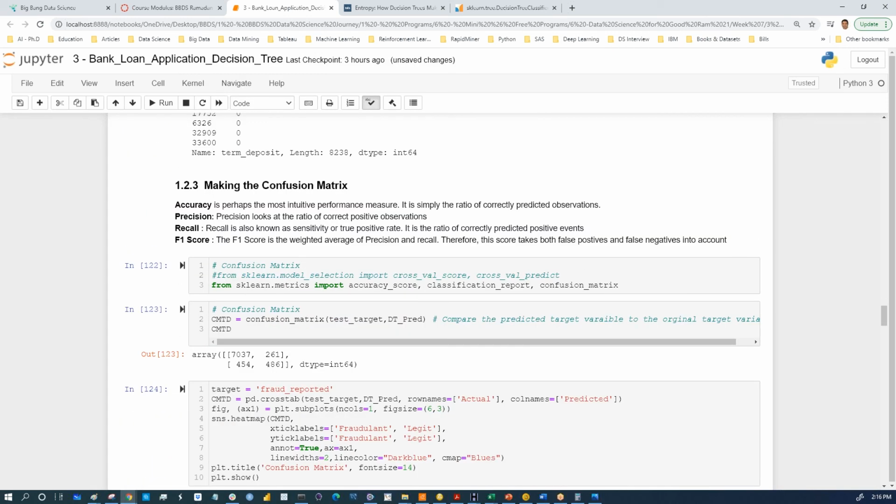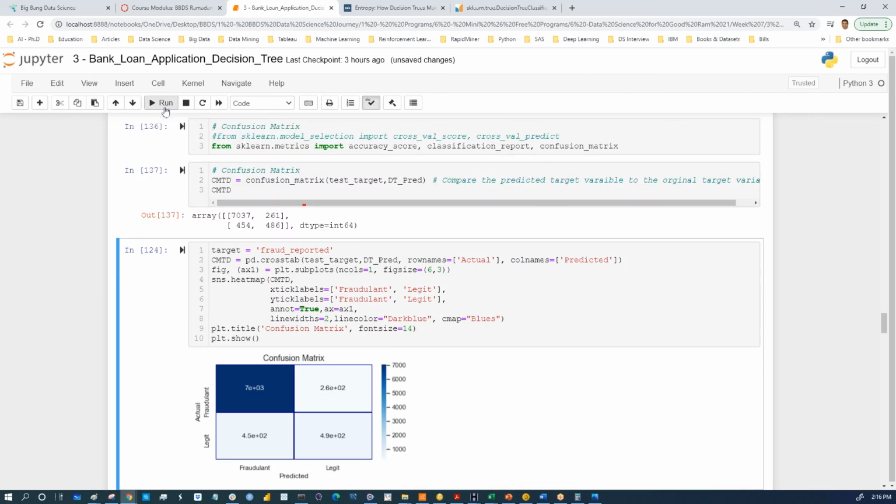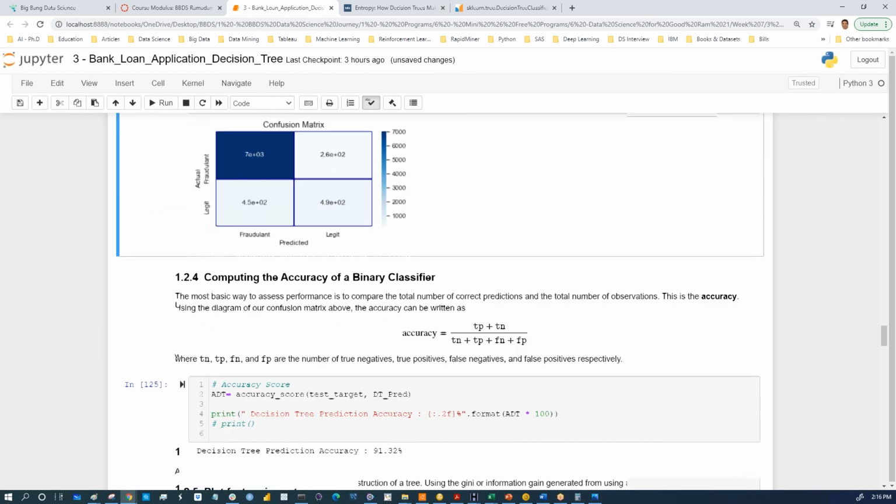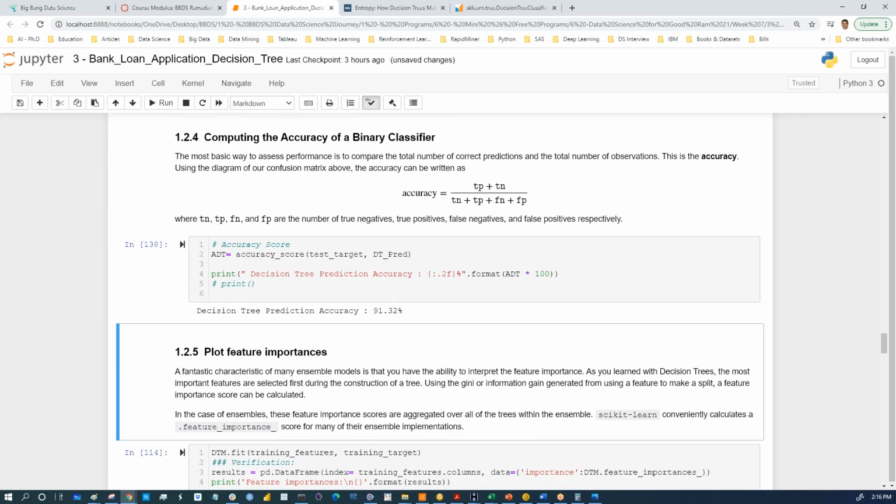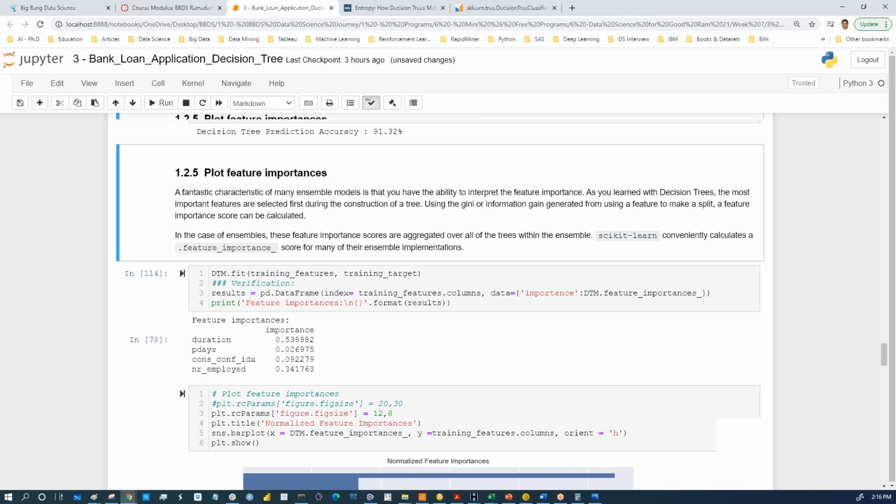It takes 114 milliseconds. We are going to compute the confusion matrix, and we are going to compute the accuracy. It's 91.33. It's going to be the same.